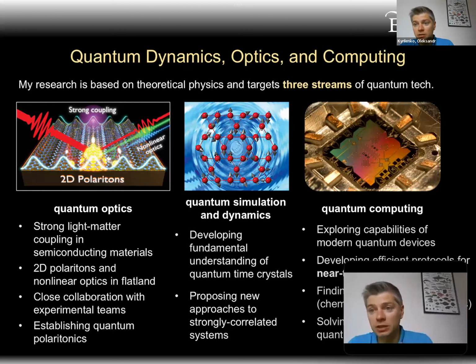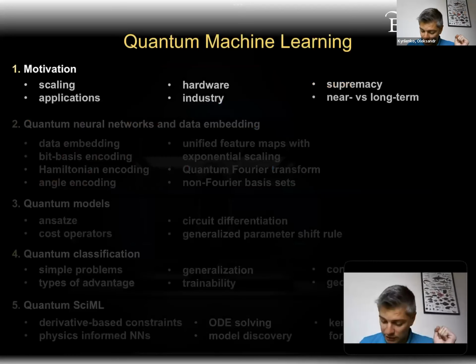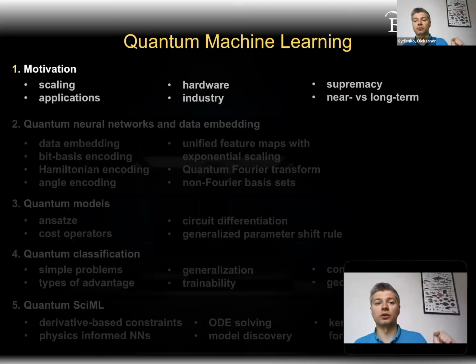I should say we are still far away. It's not like we can implement quantum protocols that give advantage now, but the idea is to come close to this stage within a reasonable time scale. And one specific area that I believe is extremely important is quantum machine learning.